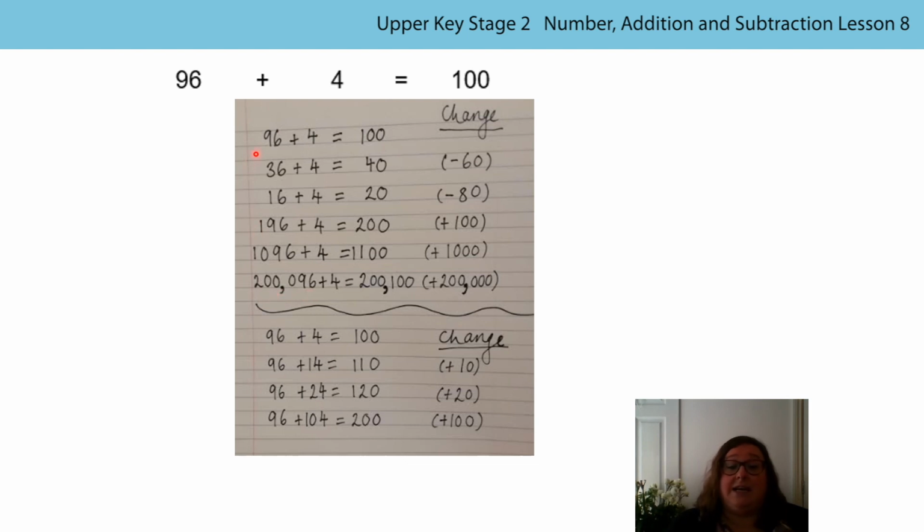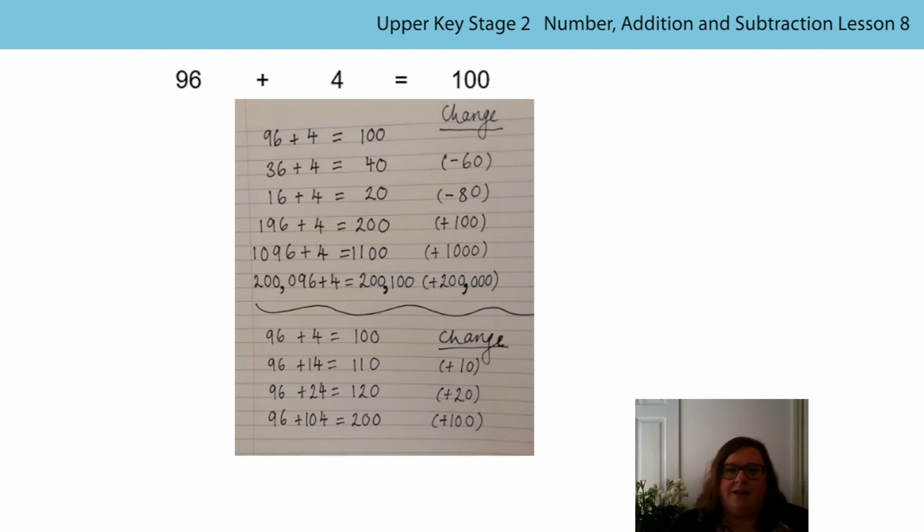First of all, I decreased the addend like we were doing before, and then I looked at increasing this addend. And I noticed that each time I changed this addend, my sum changed by the same amount, as long as I kept plus 4 the same. And I just made a little note here of what the change was.